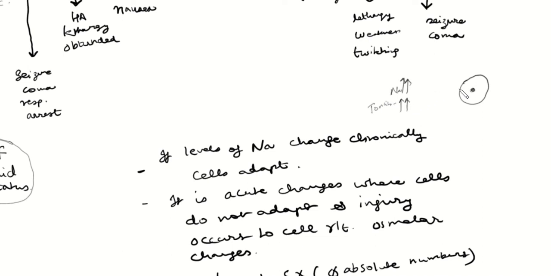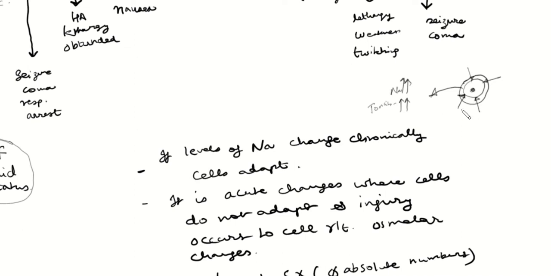If this process happens slowly, the water is going to come out of the cell, remember? And the cell's going to shrink. But if it shrinks slowly, it's not going to get damaged as much and it's going to adapt.